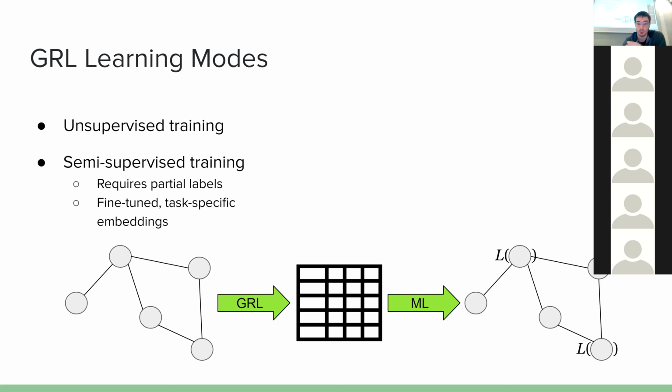So in this case, we do the same thing, we encode the graph in our embeddings, but then we feed these embeddings to our classifier, for example. And in this way, we can measure the loss function for those nodes. In this case, we have two nodes for which we know the actual label, so we can apply a loss function there.